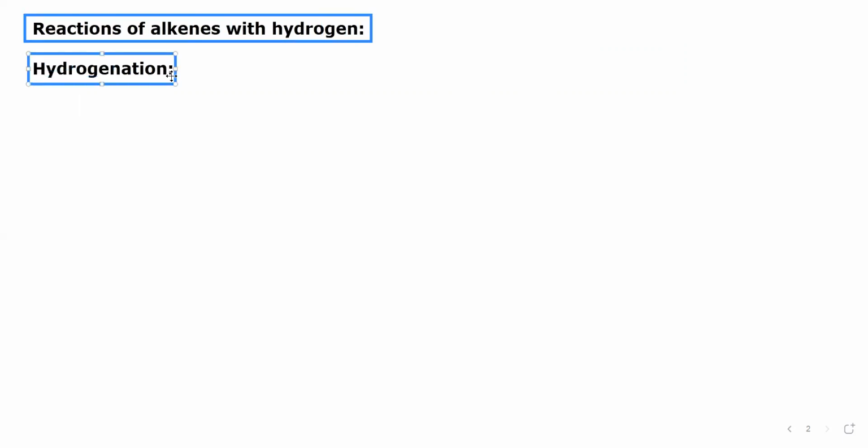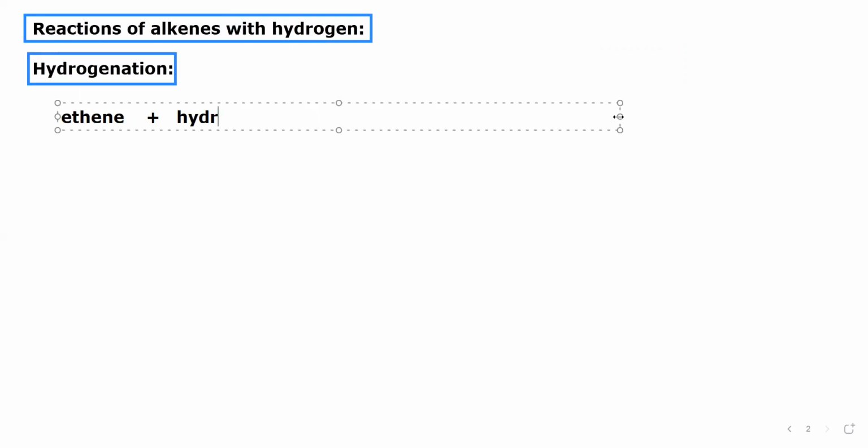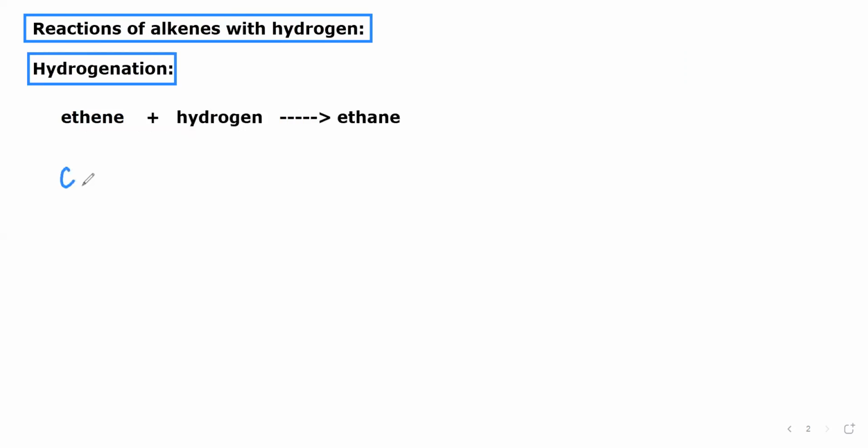Let's write the word equation first. Ethene reacting with hydrogen, forming ethane. And we can write the equation for that. Ethene, C2H4, plus hydrogen gives us ethane, C2H6.